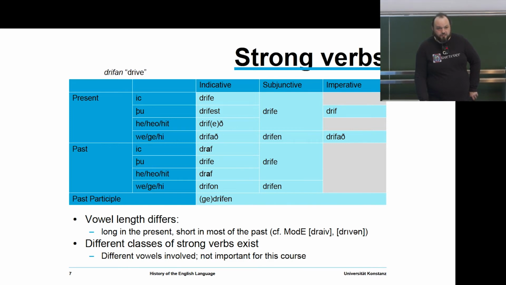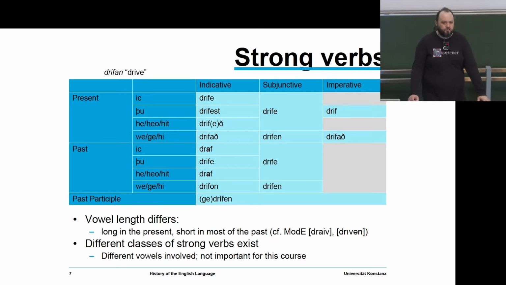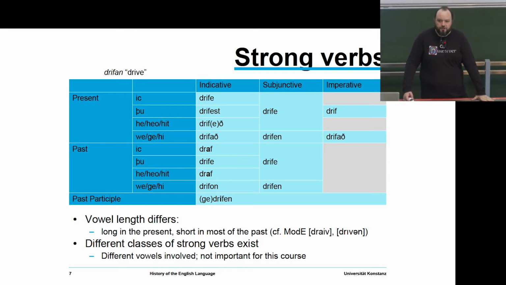In the second person, you've just got an E. In the first and third person singular, you've got this A form. And the vowels, for the purposes of this course, you don't need to know which precise vowel shows up in the past tense. All you need to know is that a different vowel does show up in the past tense.